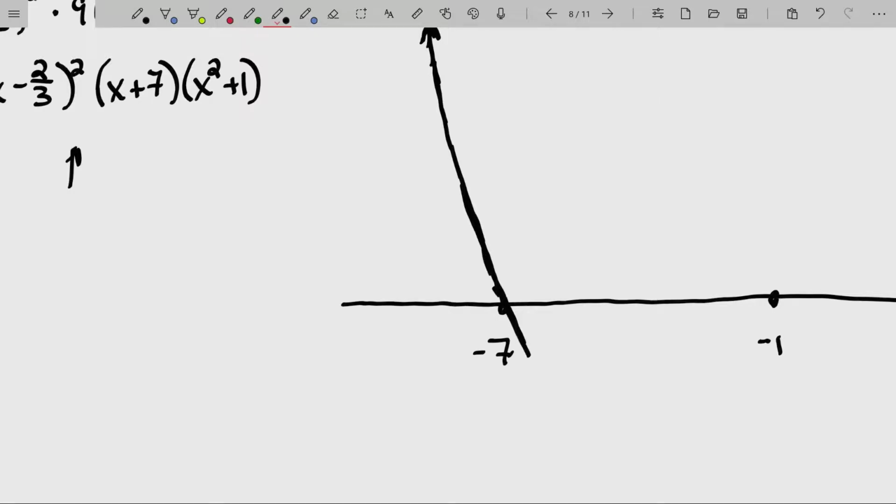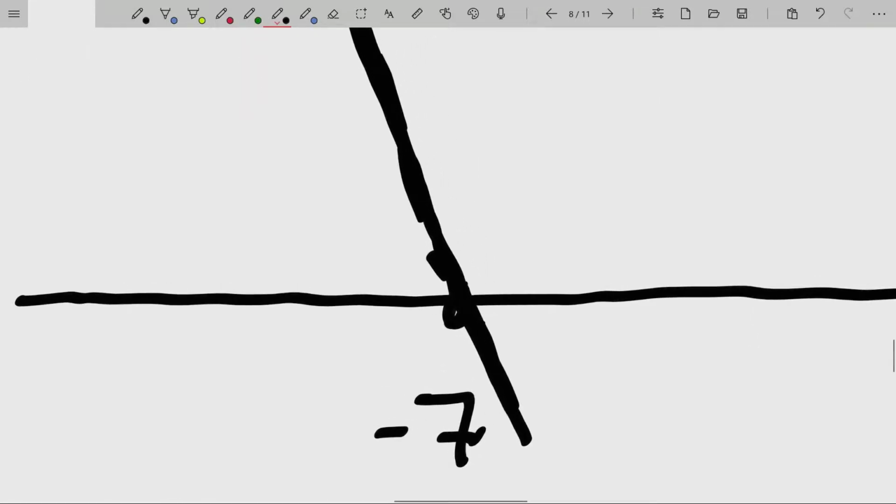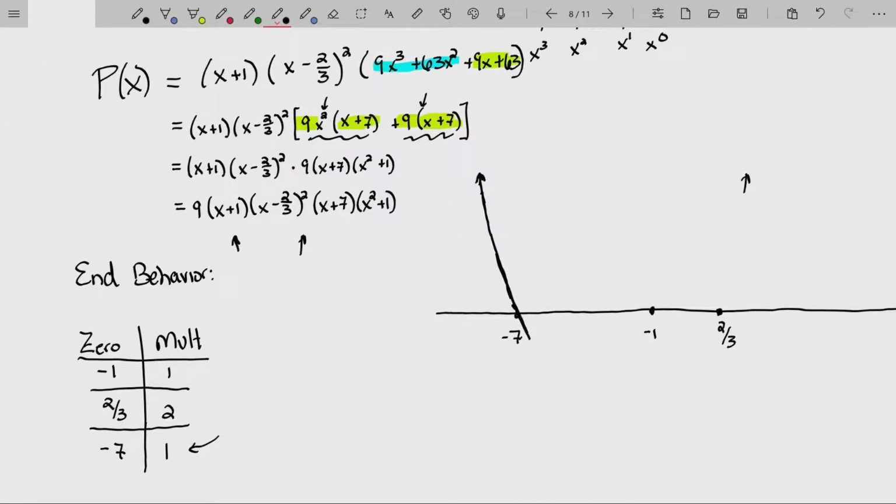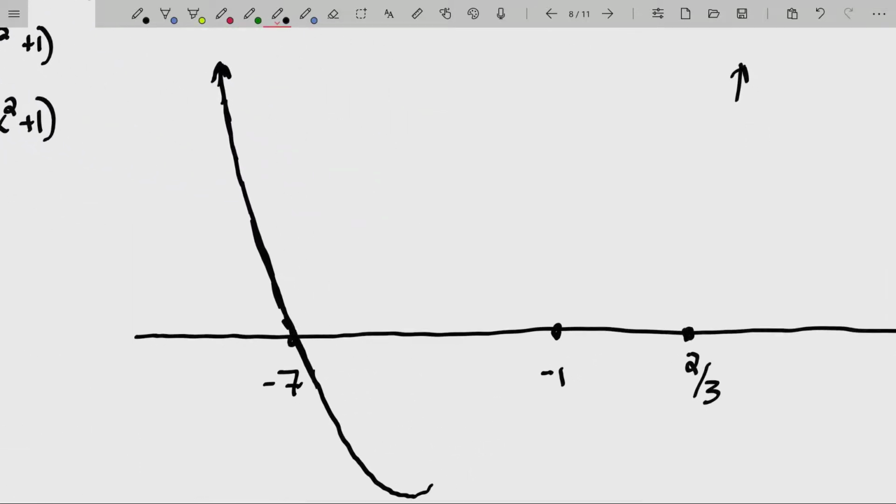And if I zoom in on that, it totally does look like a line locally. So it's crossed through x equals -7. Like a magnet, it's going to be drawn back to x equals -1, where it's going to cross through again like x to the first, like a line. So you notice how I do that?